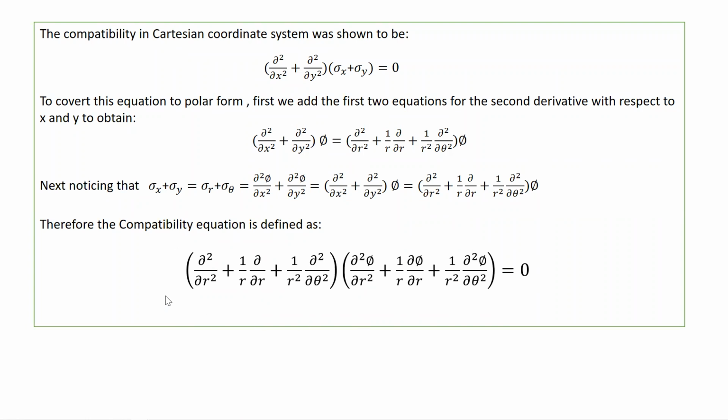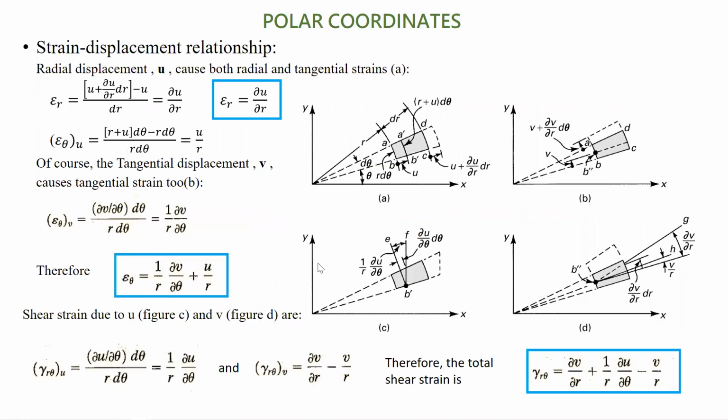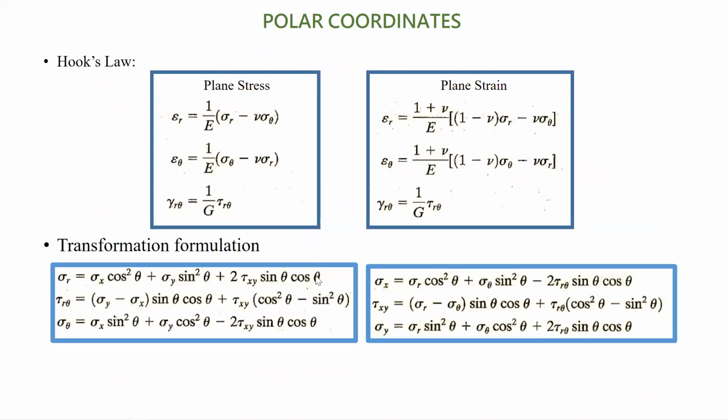Therefore, any solution to that compatibility equation would give you the Airy function phi, from which you can calculate stresses. And we have worked out, once the stresses are calculated, how to define the strain in terms of displacement, the Hooke's law.